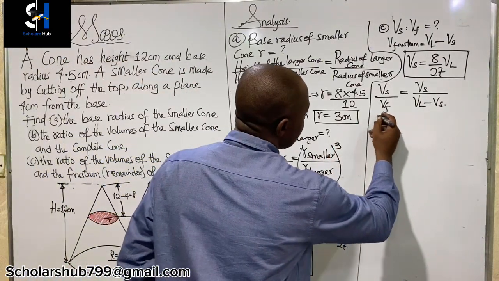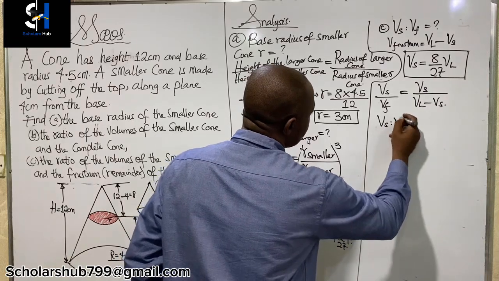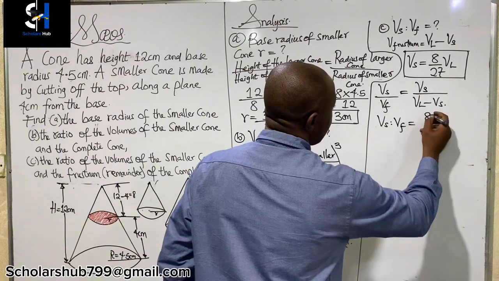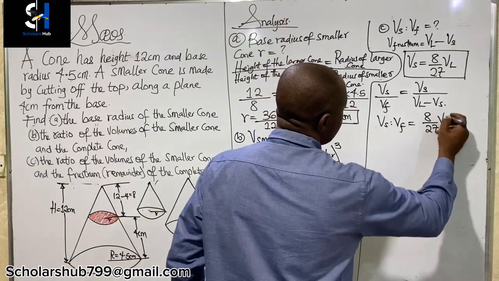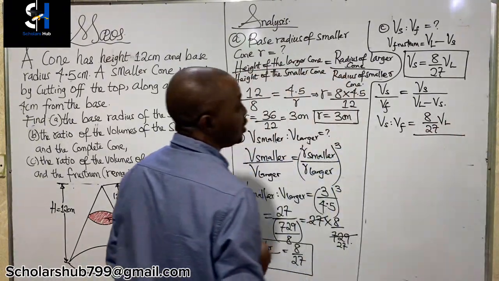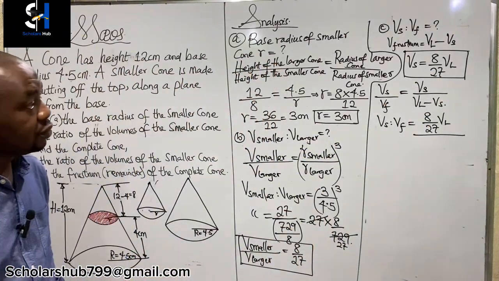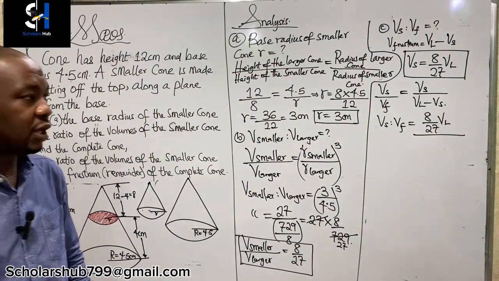So the ratio of the volume of the smaller cone to the volume of the frustum will be 8 over 27 multiplied by the volume of the larger cone, because Vs is 8 out of 27 multiplied by the volume of the larger cone.